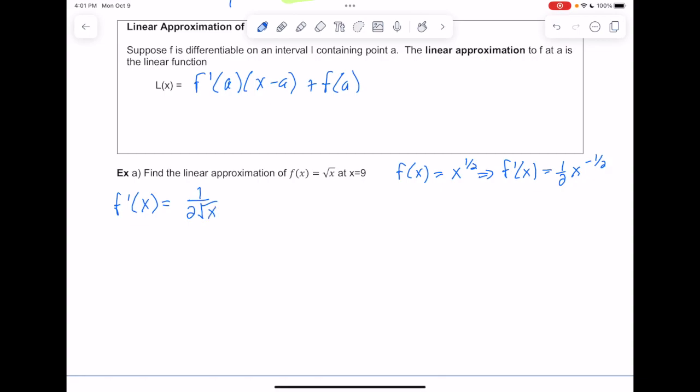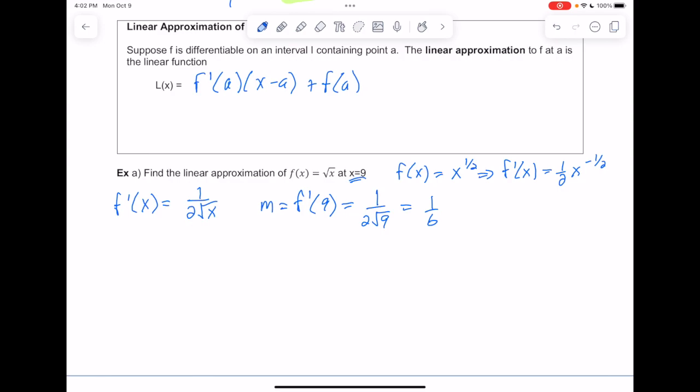All right, so what would the slope of our tangent line be? The slope would be f prime at a, and the a they're interested in, this specific point, is 9. So we do f prime of 9. That'd be 1 over 2 times the square root of 9, or 1 over 2 times 3, so 1 over 6. That's the slope of our tangent line at x equals 9.